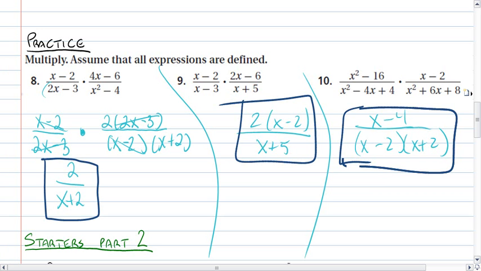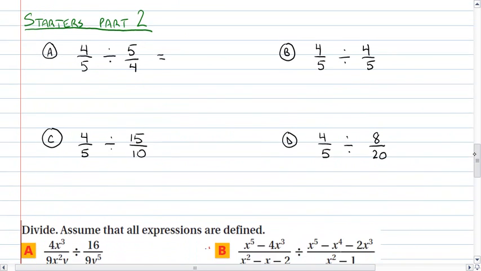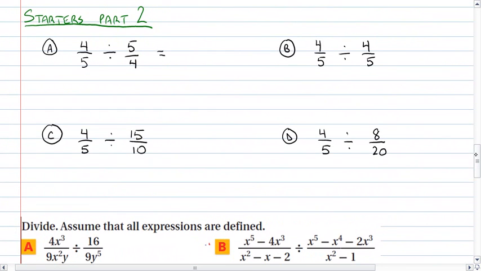Let's continue our notes. So the next part deals with division. Dividing fractions is typically a tricky thing. Remember, we don't like to divide fractions. We cannot just simply divide straight across the top and across the bottom like we did for multiplication.